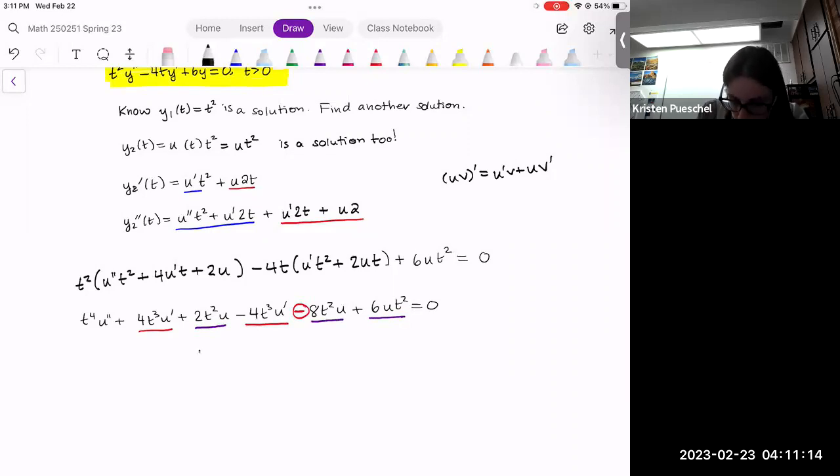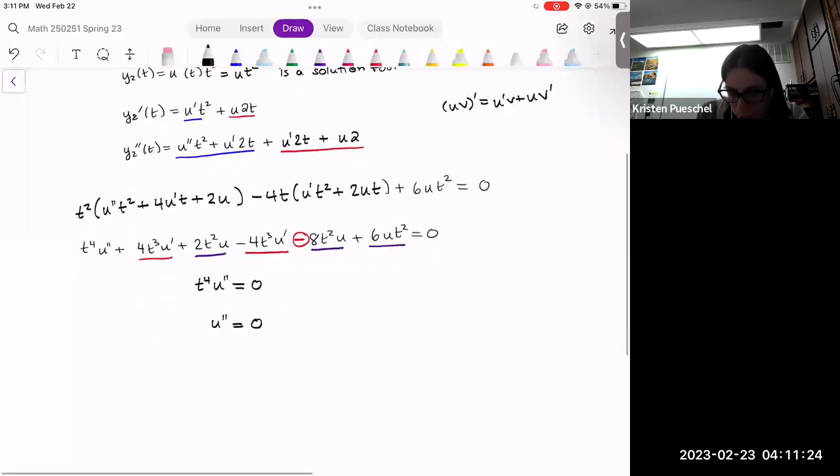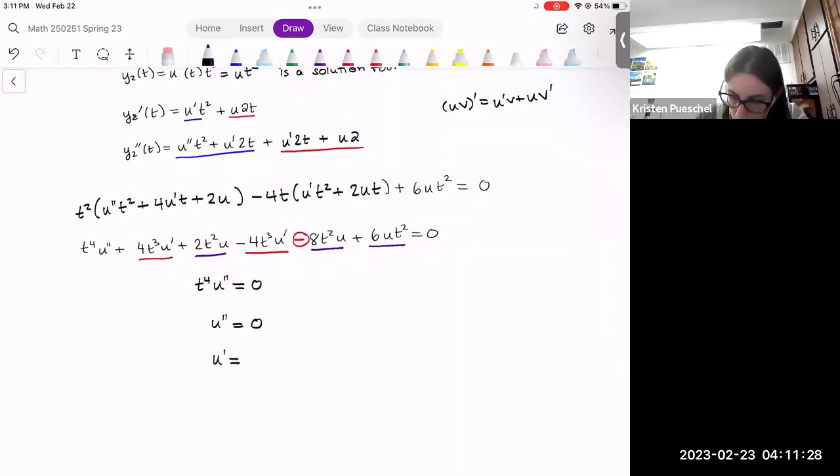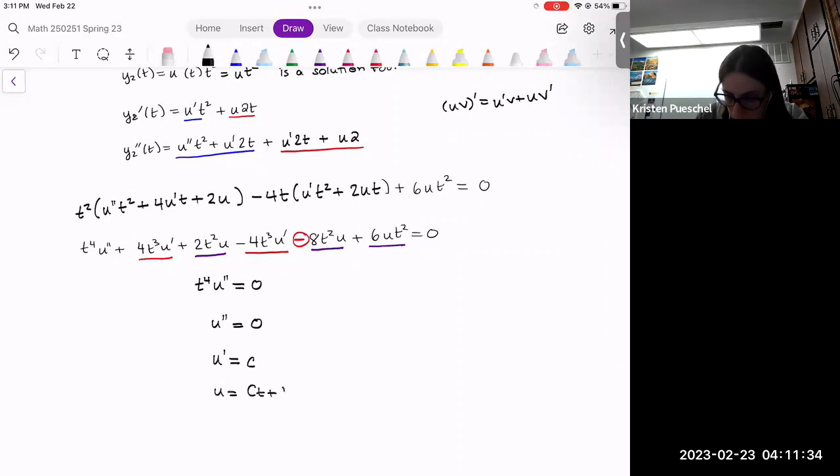So what we are left with here is t to the 4th times the second derivative of u equals 0. So the second derivative of u is equal to 0, and we can integrate this. u prime is going to be a constant c, and so u is going to be ct plus d.